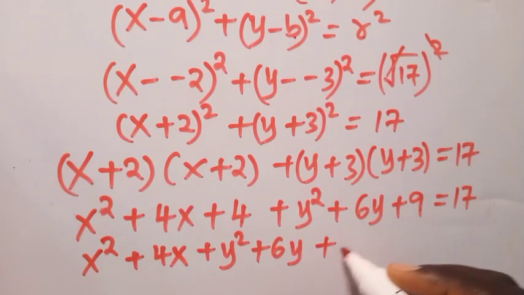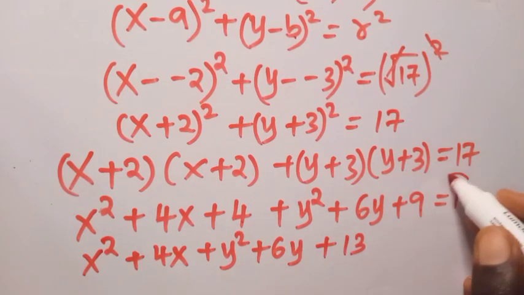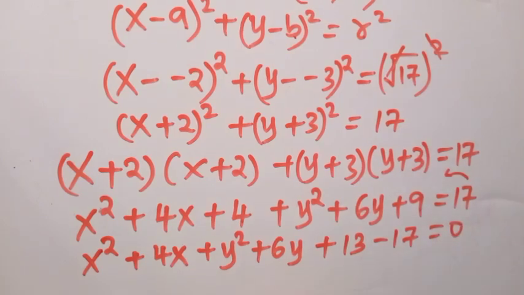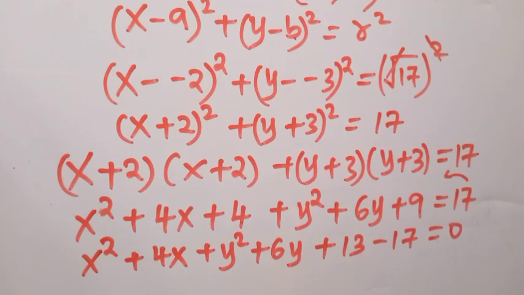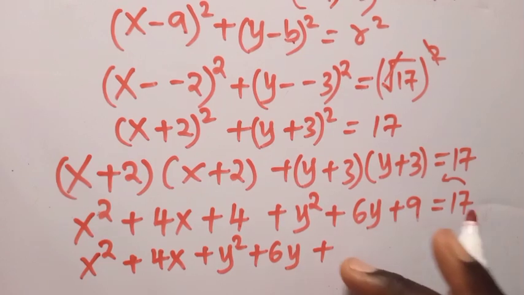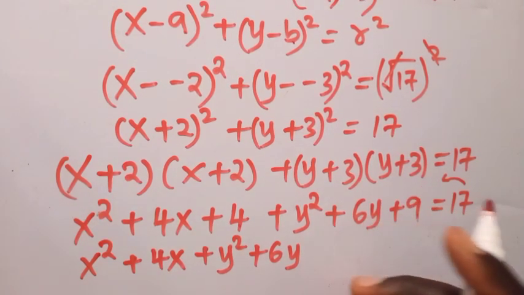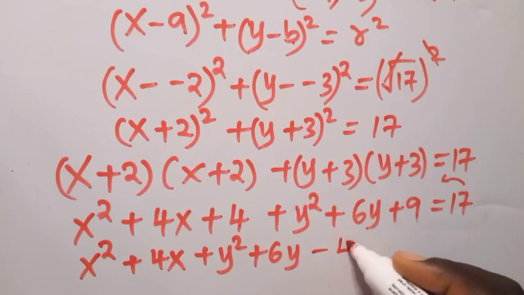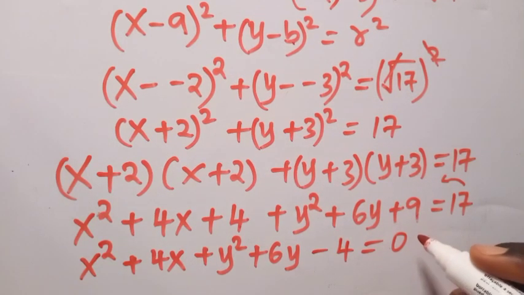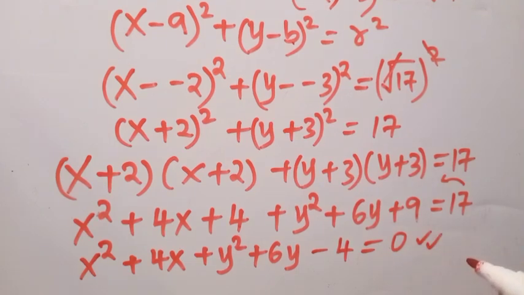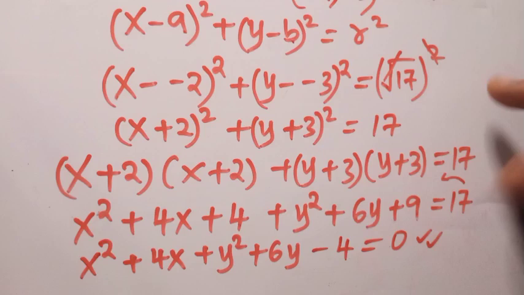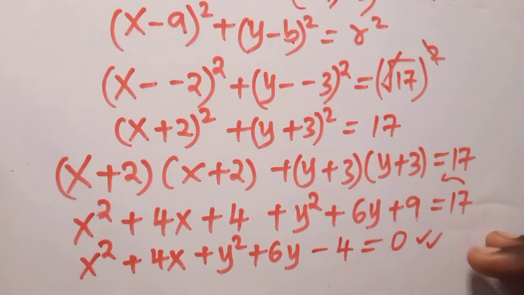So I will write plus 13. Then when I bring this one to this side, it will be minus 17 equals 0. And therefore, we shall have 13 minus 17 is negative 4, then we equate it with 0. This one is the equation of this circle.